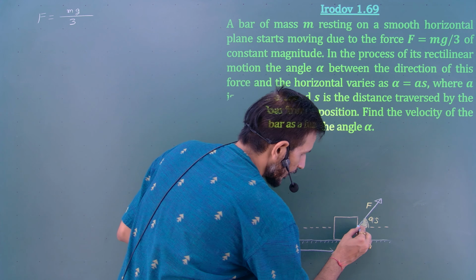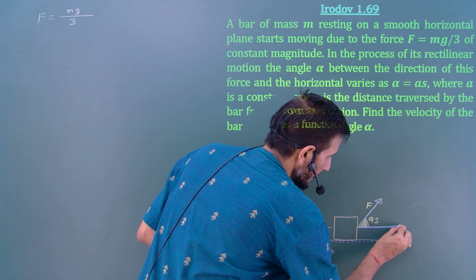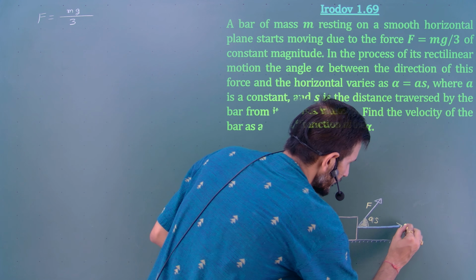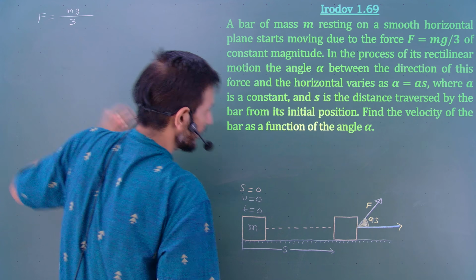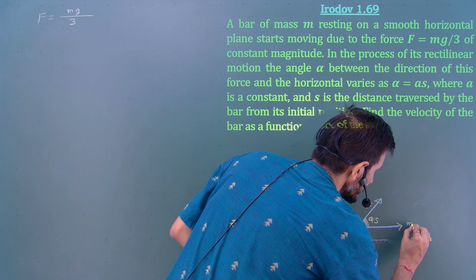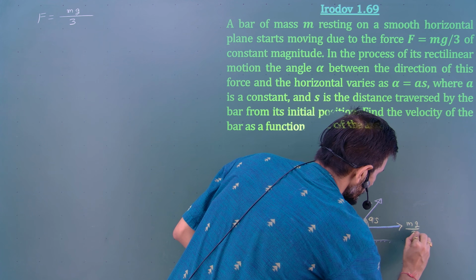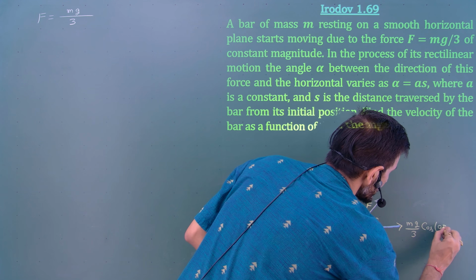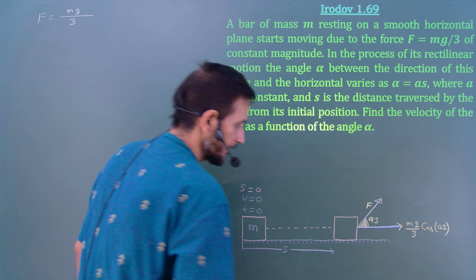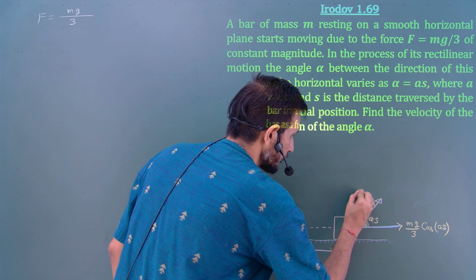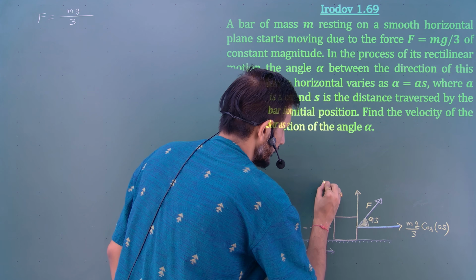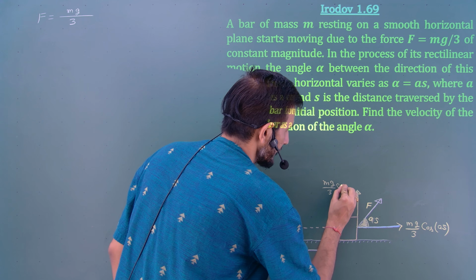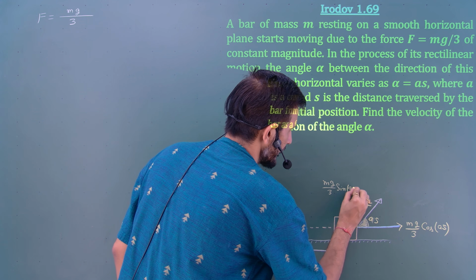Now, the component of this force along this direction is F cos(as). What is F? mg by 3. So mg by 3 into cos(as), and the component of this force in this direction is mg by 3 into sin(as).